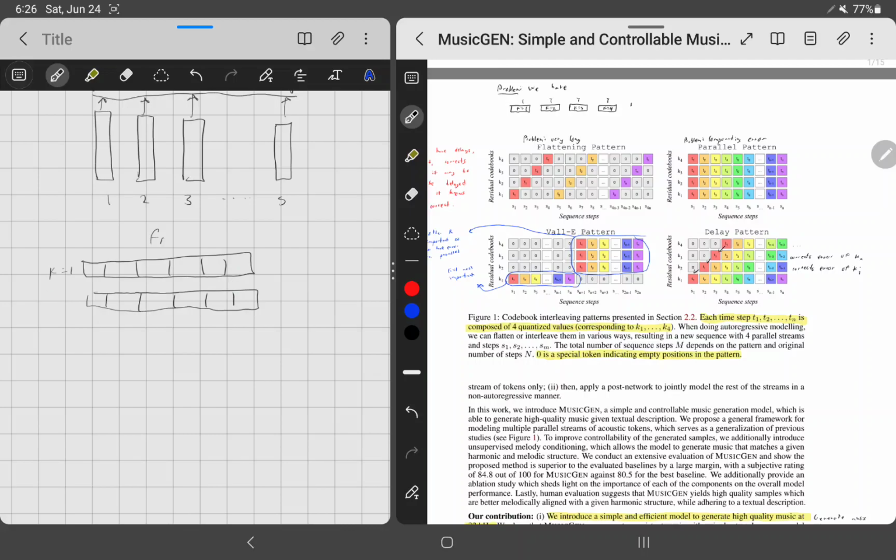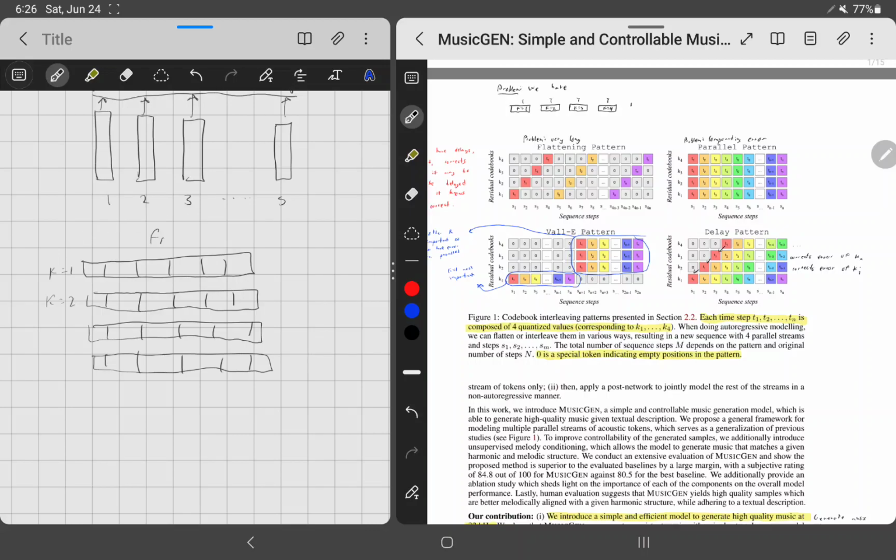This is our first vector from codebook 1. This is our second vector, trying to model the residual, and then we have a third vector, and then we have a fourth vector because we're using 4 codebooks. So you get a 4 vector output. And what you could do is you could just stack them. So now we have a rectangular matrix, and you just squash them together. But that's a very naive approach.